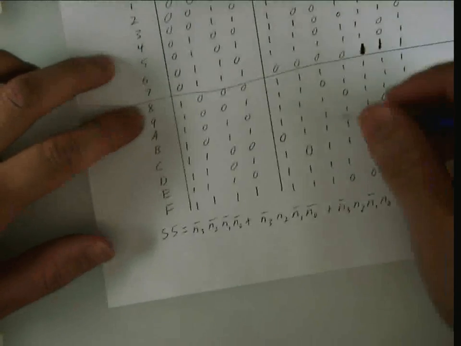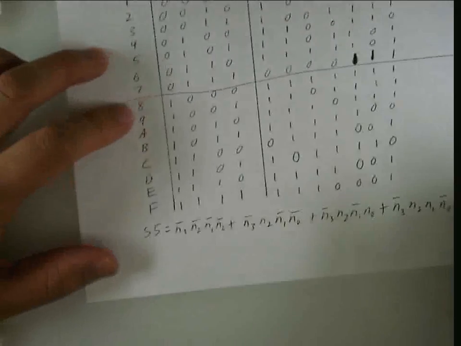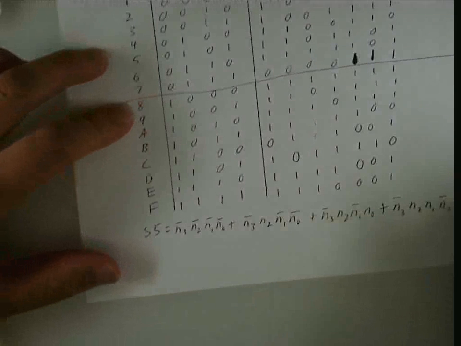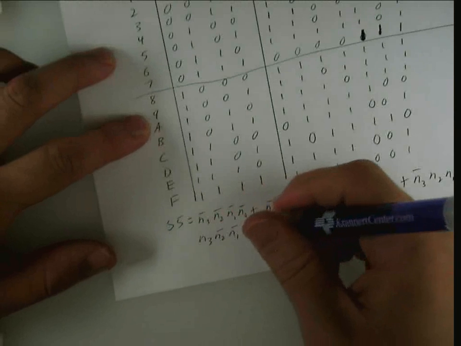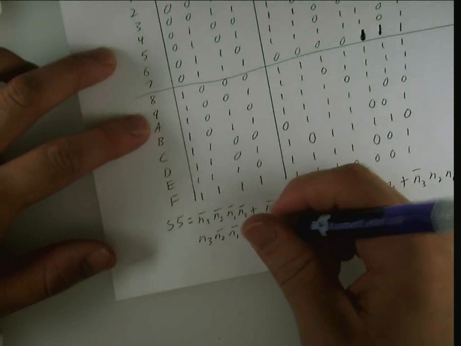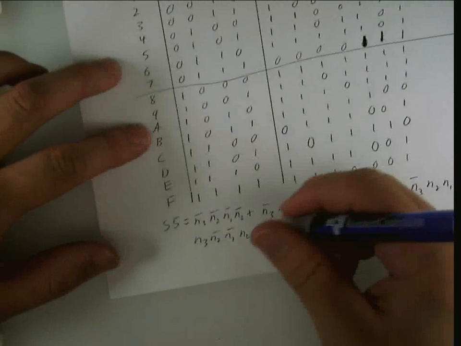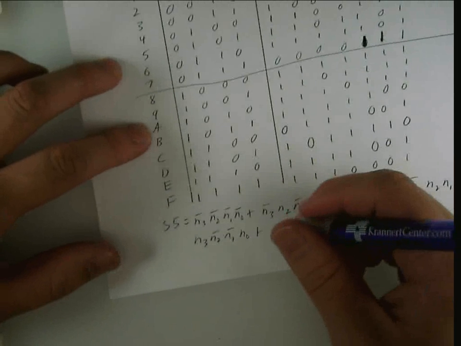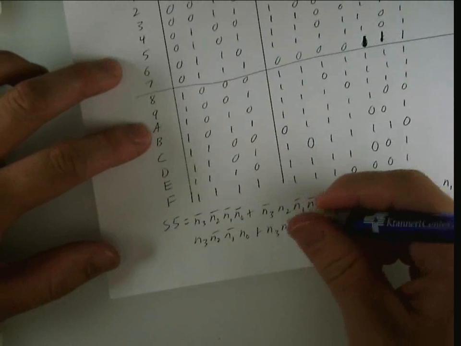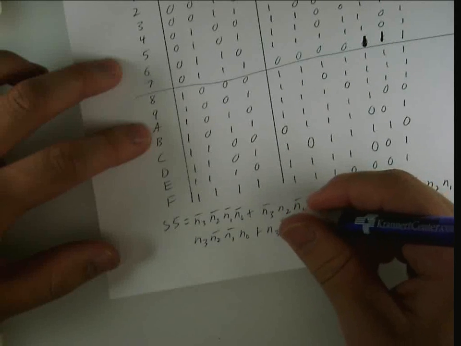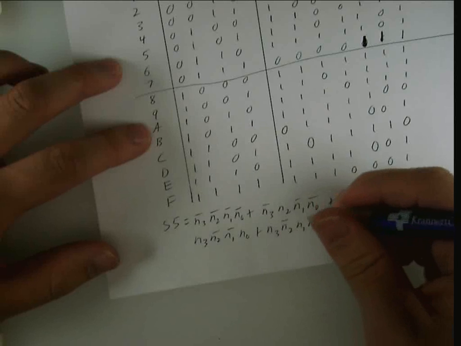With 8, we've got N3, N2, N1, and N0, 9, N3, N2 bar, N1 bar, and N0. 10, we've got N3, N2 bar, N1, and N0.